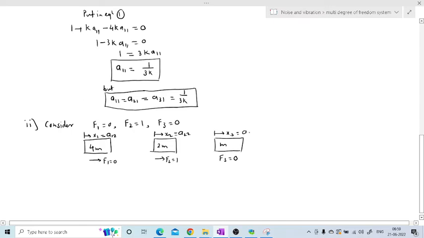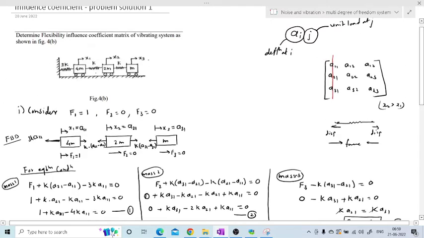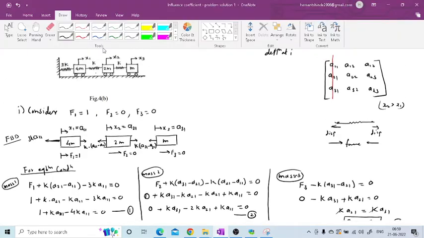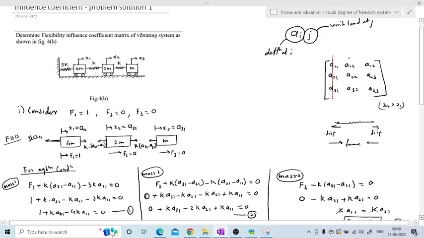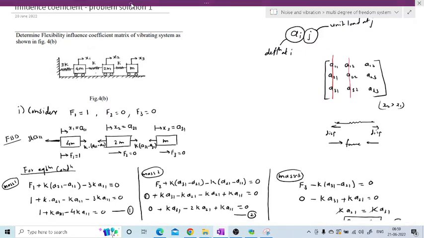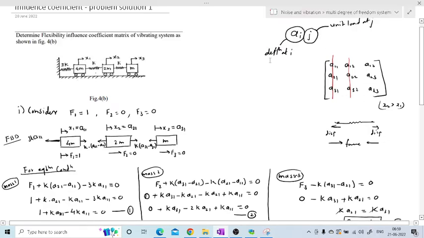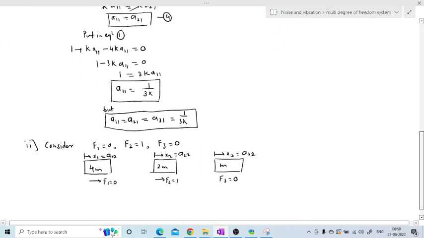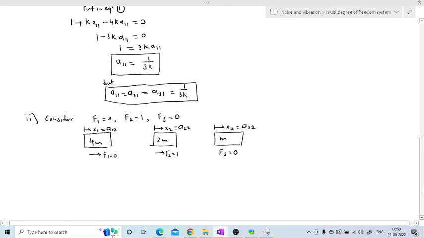We are determining the displacement at 3 but we have taken unit load at 2, so A32. Or directly you can write A12, A22, A32 from this matrix. Actually we are determining this matrix, so just see the column A12, A22, A32, and these values you can put here. So we have finished with force and displacement.